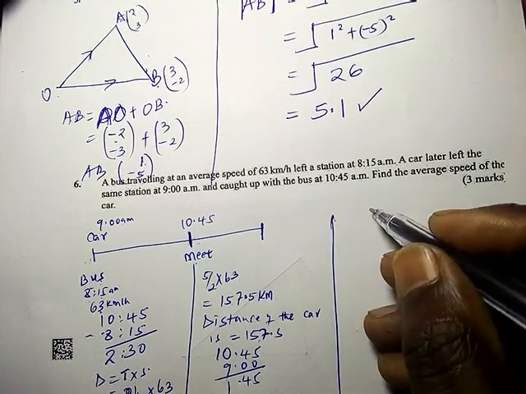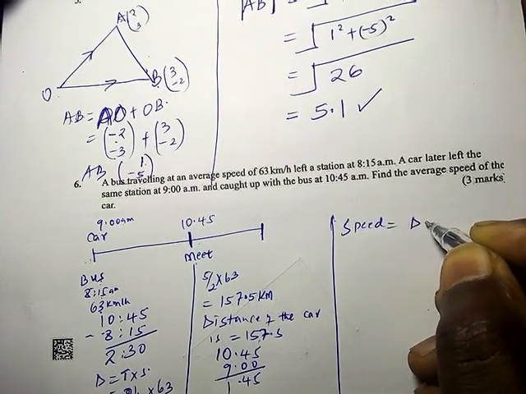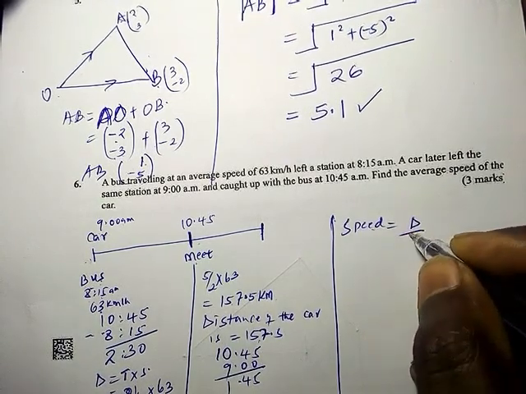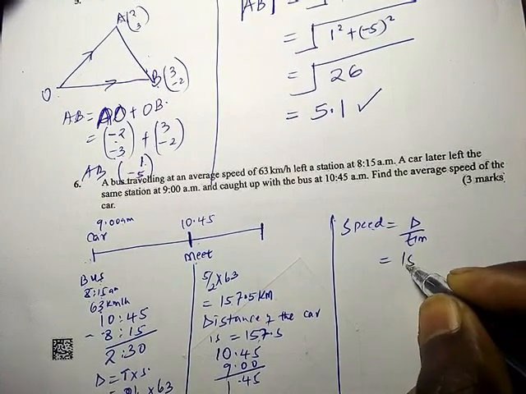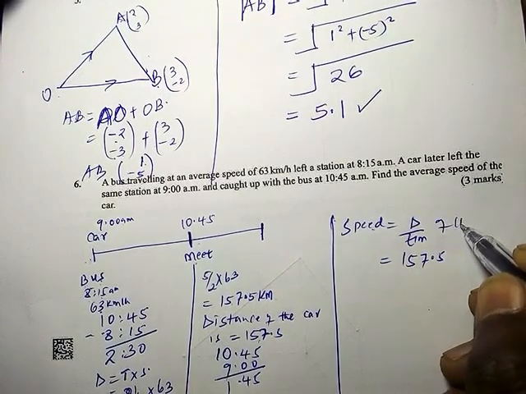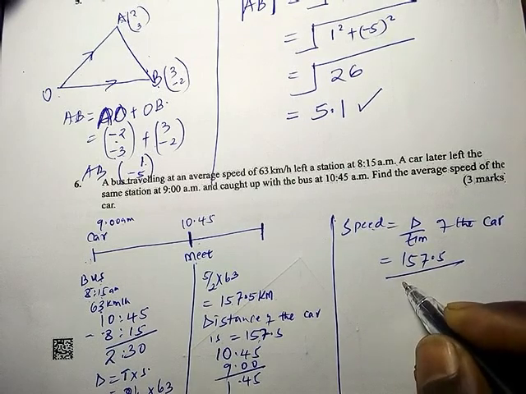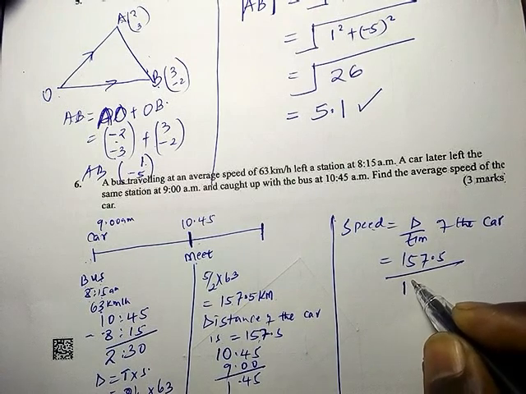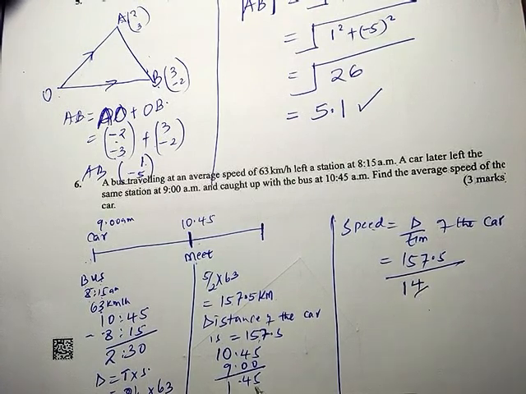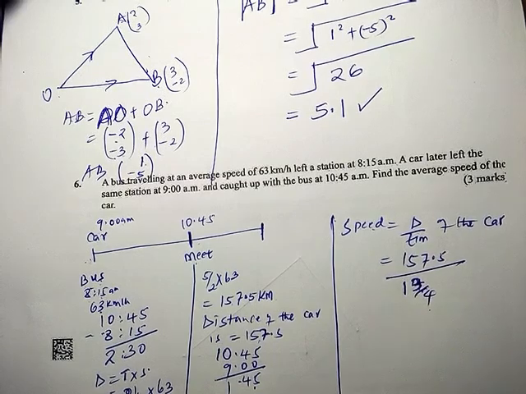So we can get the speed there then. So we know speed is equal to distance over time. The distance is 157.5 of the car, that's for the speed of the car, divided by the time it took, that is 1 hour and 45 over 60, it's going to be what? 3/4. 3/4, yes.